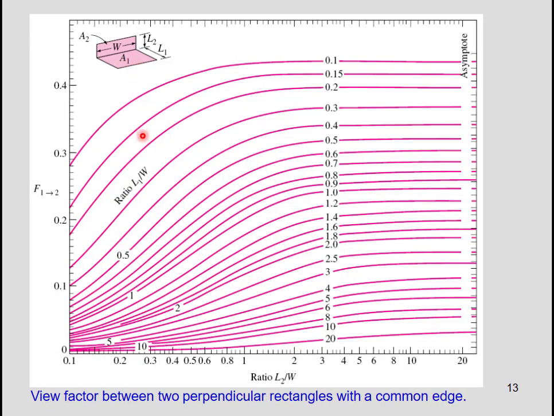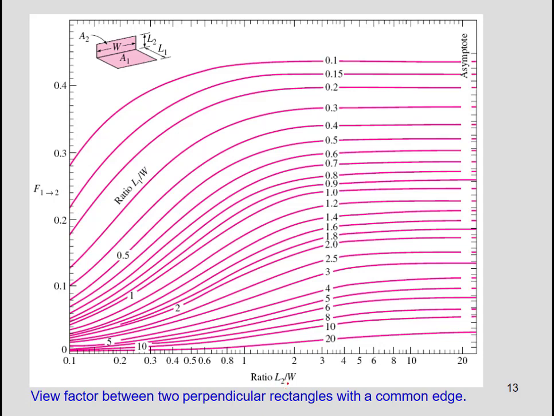And also for the other configuration, we have similar graphs, where the view factor for this geometry is dependent on the size of W, which is the width of surface number 2, and also its length, L2, as you can see here. As L2 divided by W is increased, F12, the view factor from surface 1 to 2, is increased.